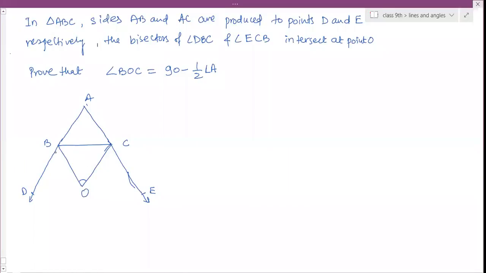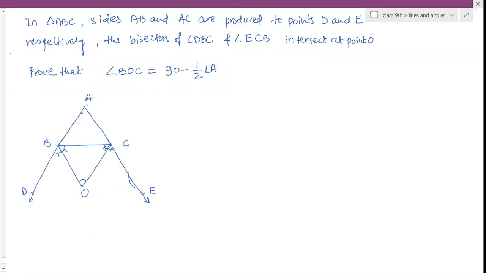Clear? Now this and this angle are equal because OB is a bisector. This and this angle are equal because OC is a bisector. So here we'll make it somewhat easier.